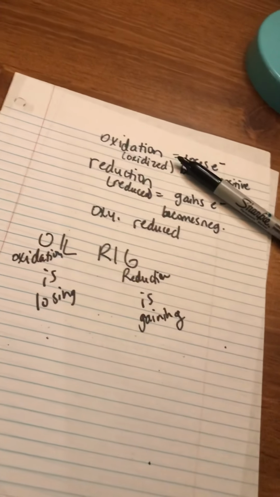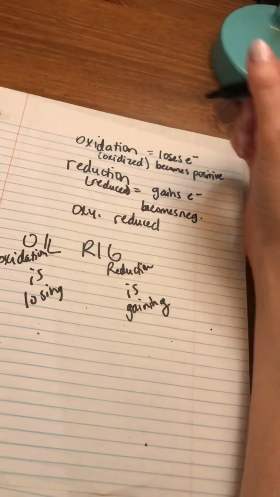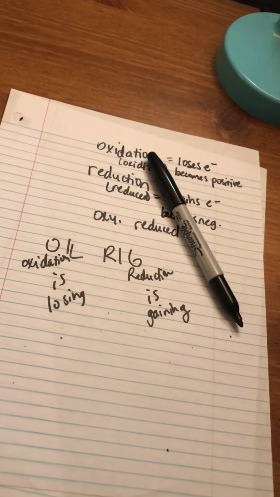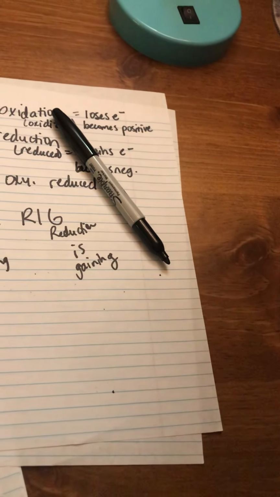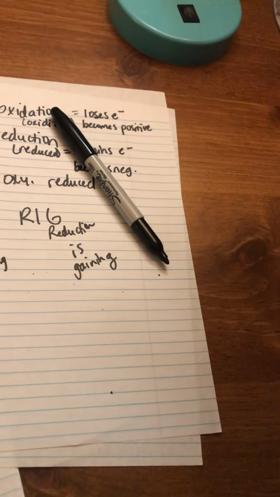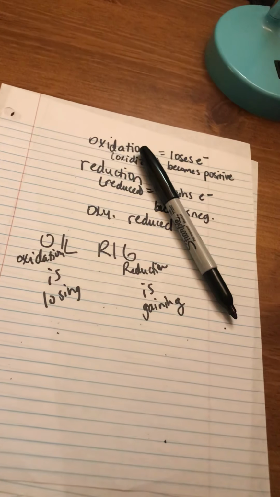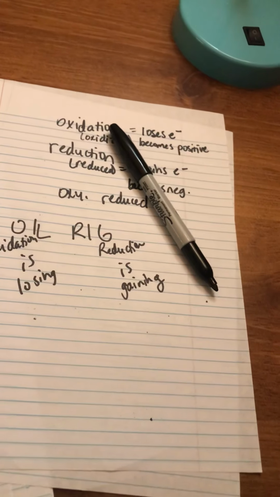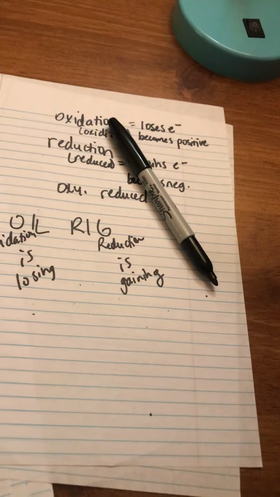So if something gets oxidized, it got the electrons taken from it and became more positive. If something gets reduced, it got the electrons given to it and became more negative. And whatever element is reduced does the oxidizing. I would write that down. Whatever element or compound is reduced does the oxidizing, if that helps.